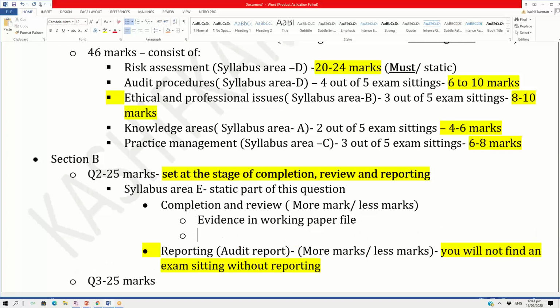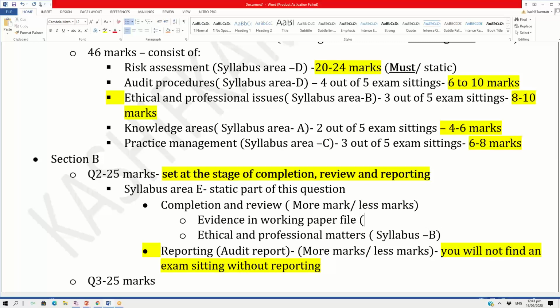Then ethical and professional matters can also be part of this question at the completion and review stage. Ethical and professional matters basically reflect the syllabus area B, but they can be part of completion and review.